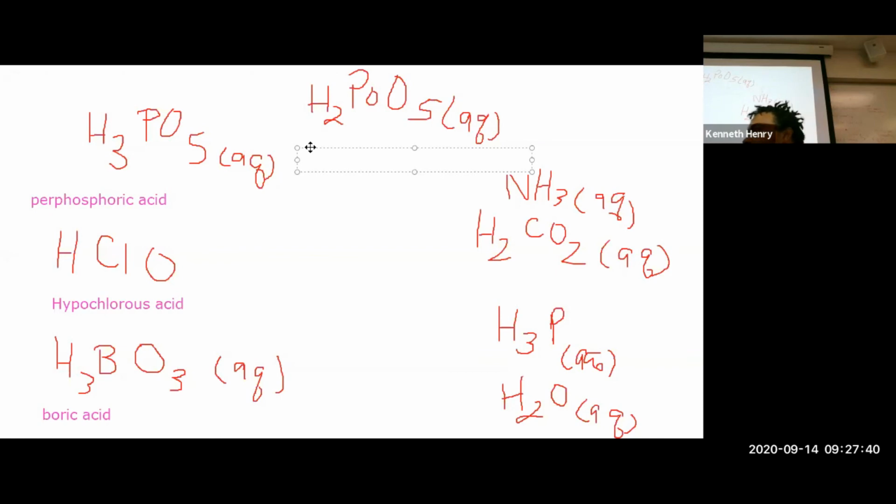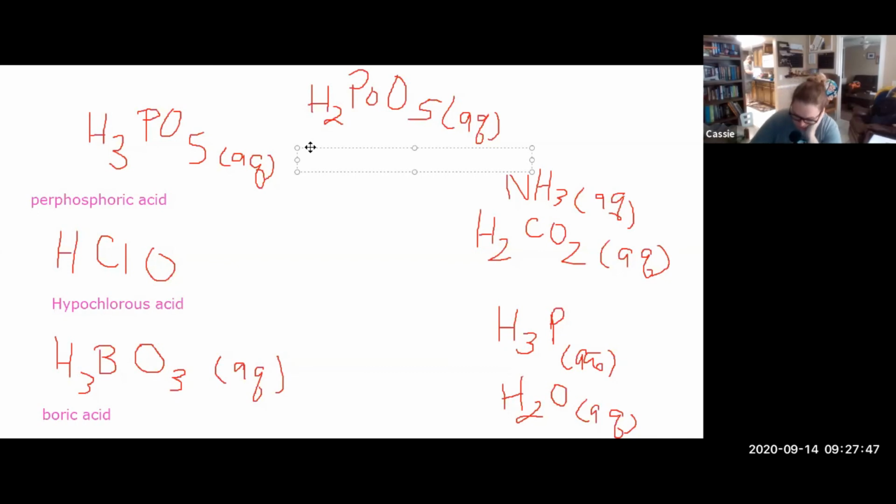Where's polonium located? 16. So yeah, big. Right.